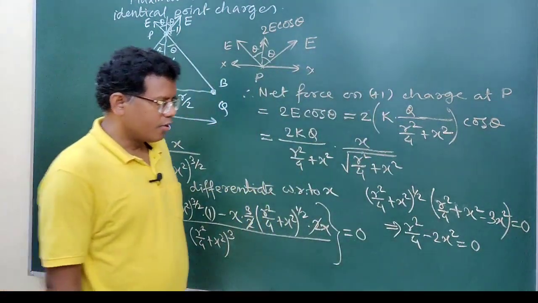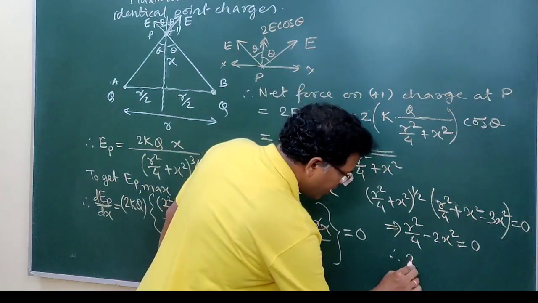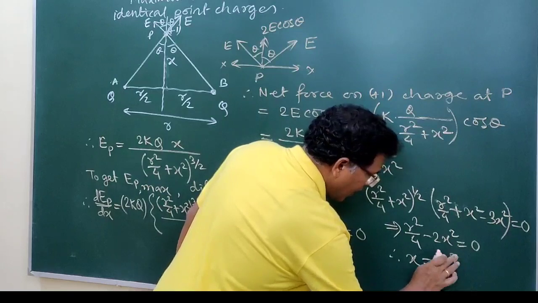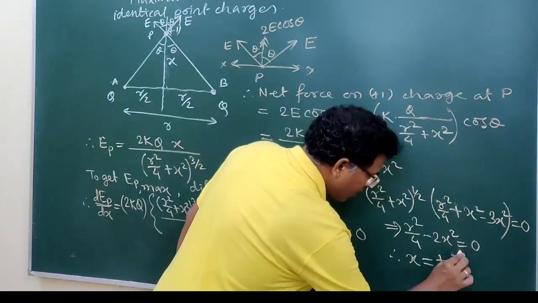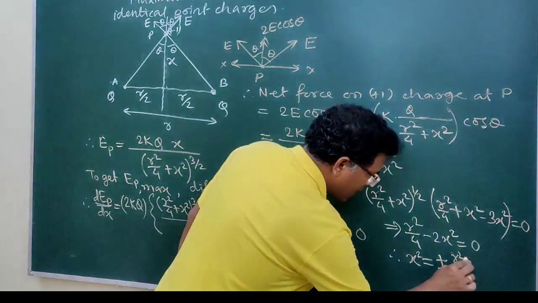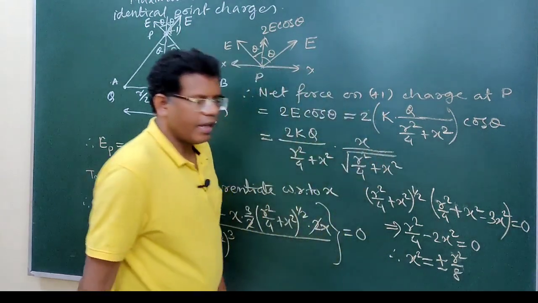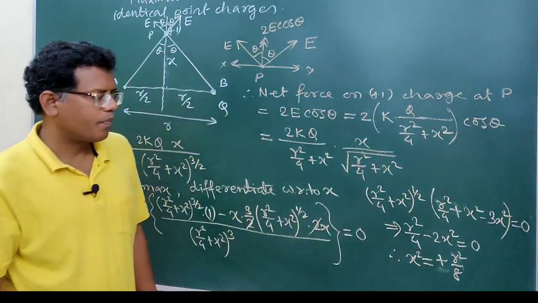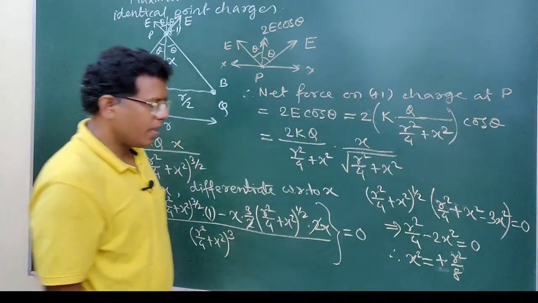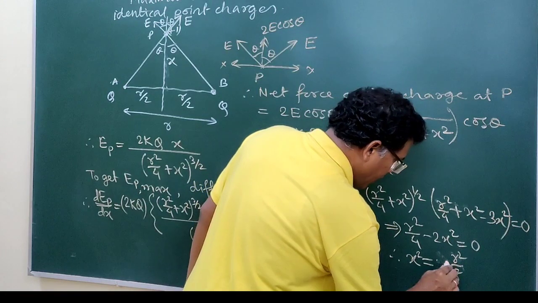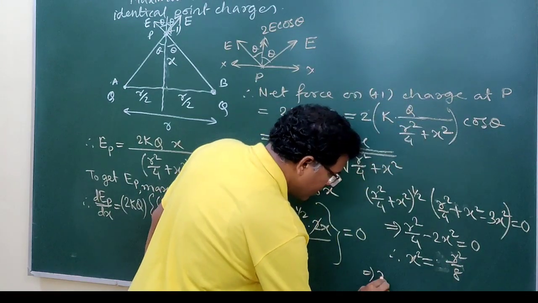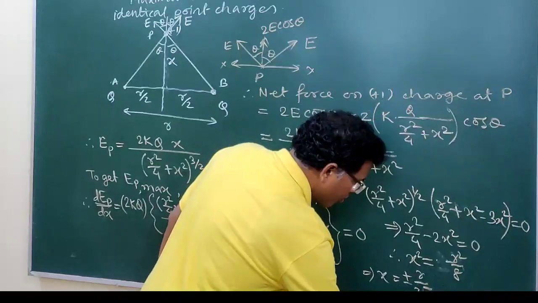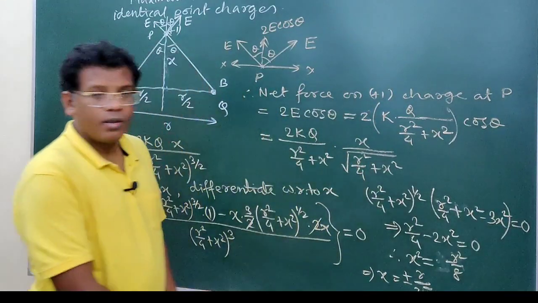Got my point? So from this part we can write x square can be r square by 8. So x can be written as plus minus r by 2 root 2. Got it?